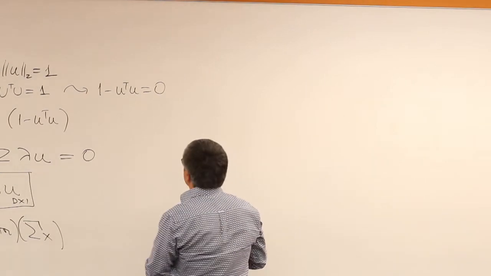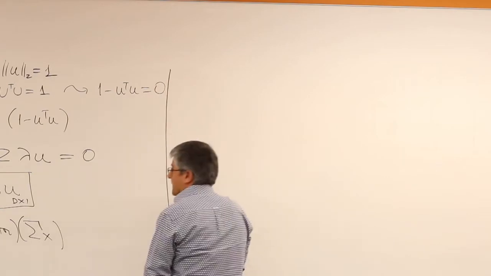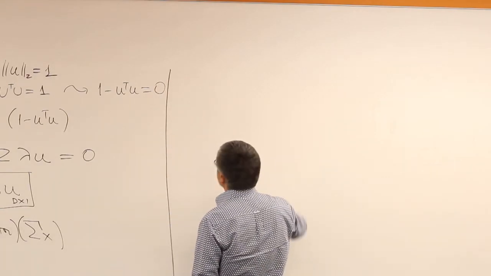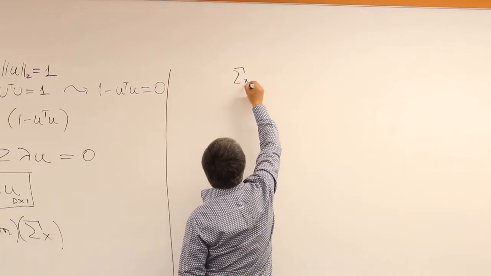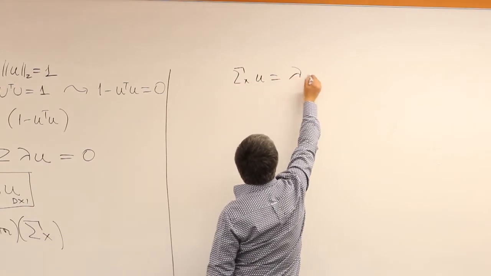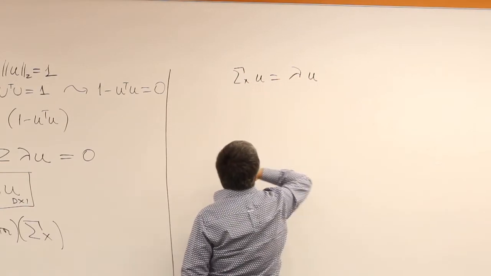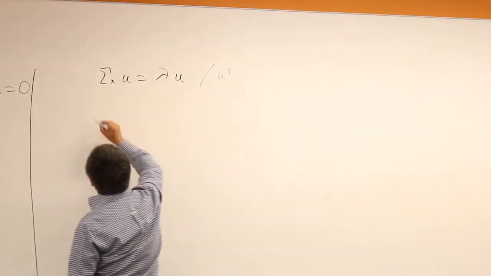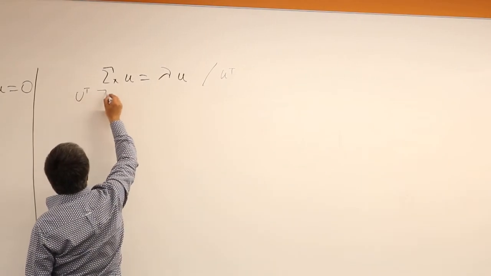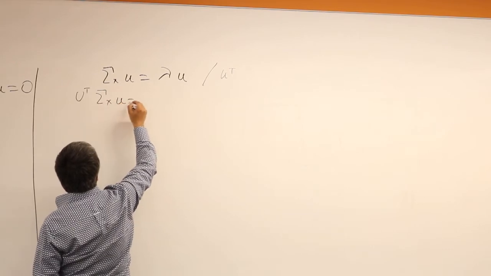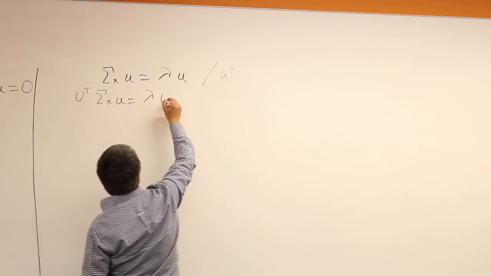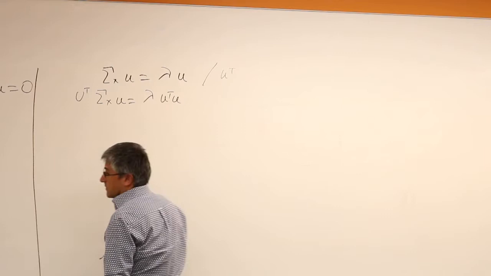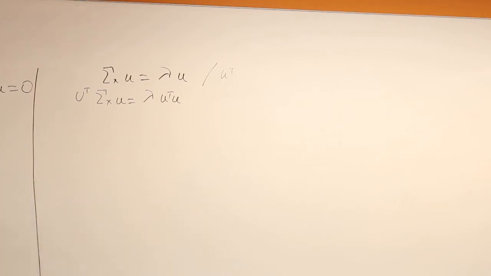Okay, so starting from that equation, I have now the following. Sigma x times u is equal to lambda times u. That's what I have. So let me multiply on the left by U transpose. I'm going to get U transpose sigma x U is equal to lambda times U transpose U. I just multiplied on the left by U transpose.